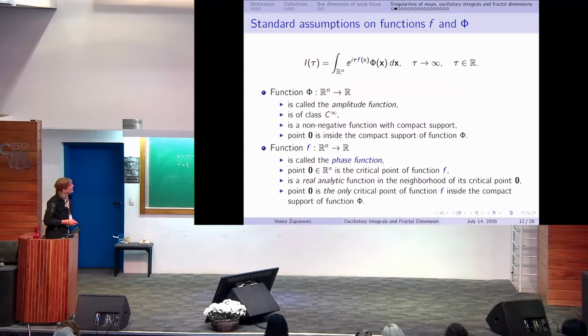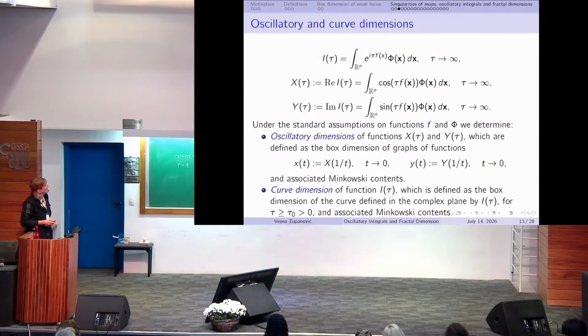Here we define our curves. We define oscillatory and curve dimension. Oscillatory dimension will be the dimension of a chirp. Basically, if you study just one component, you will have something like a chirp. You already had this.